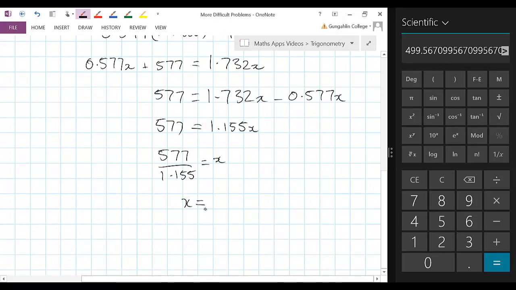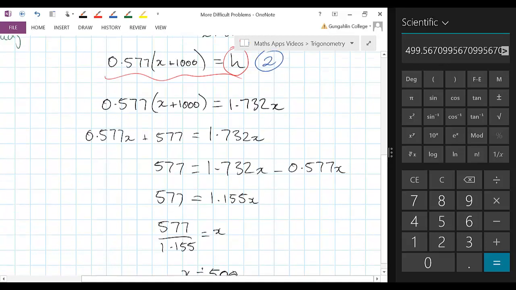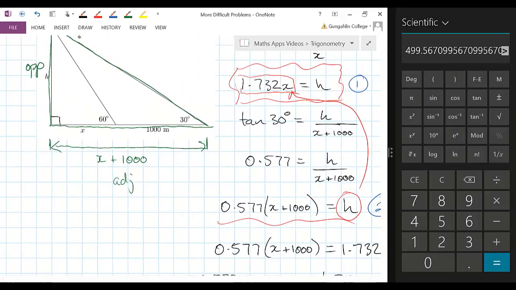That's an approximate number. So my x value in this equation, this distance along the bottom here, is 500 meters.